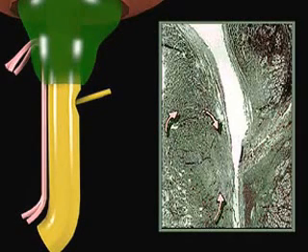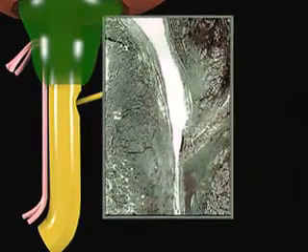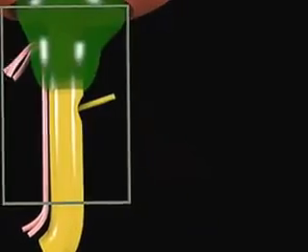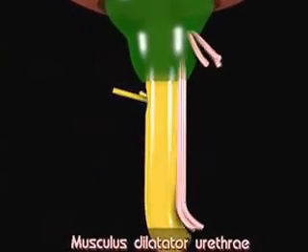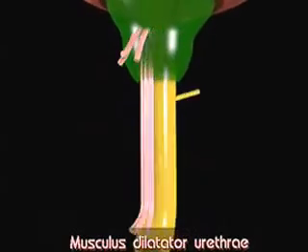Due to its special course, this muscle system is the only structure capable of actively initiating micturition by opening the bladder neck by a contraction-induced movement in caudal and in ventral direction. We have therefore named this structure musculus dilator urethrae.